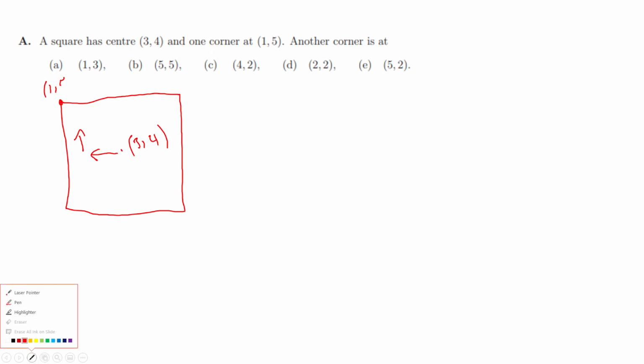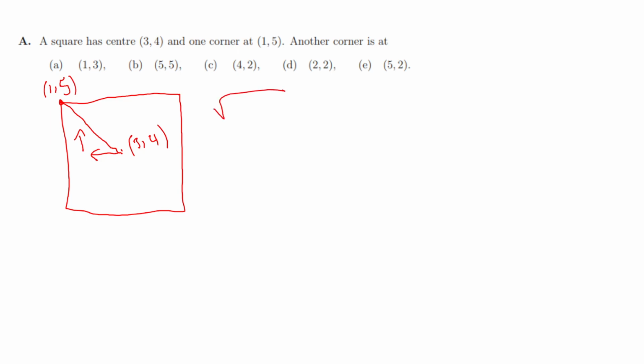So 1, 5. So this line here, we can work out its gradient, we can work out its length, and then we can use that to work out where the other 3 points are. So we can work out the length.